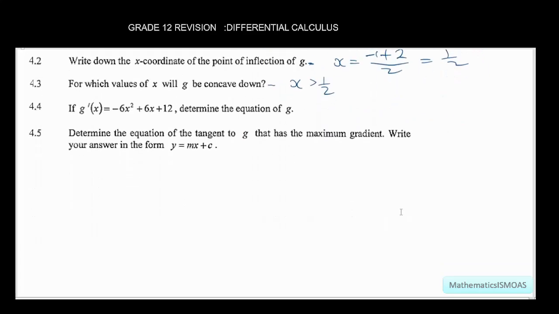Then question 4.4. Solutions, we will do 4.4 here. 4.4 says if g prime of x is equal to -6x squared plus 6x plus 12, determine the equation of g.